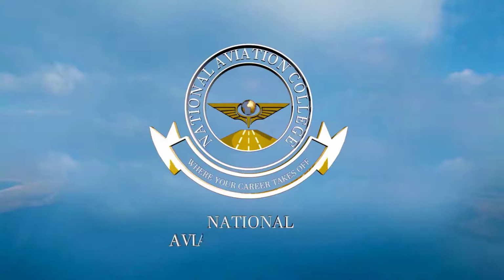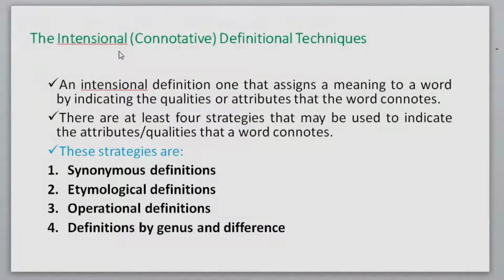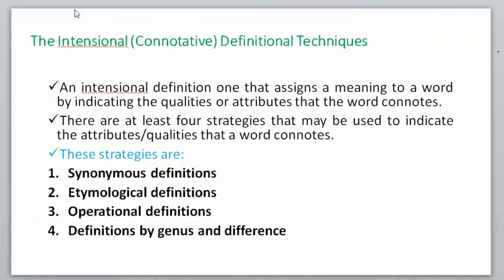Now we can start. Now let's look at the techniques of the intentional or connotative definition.